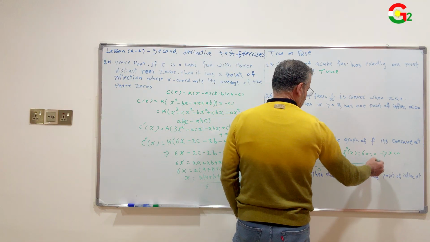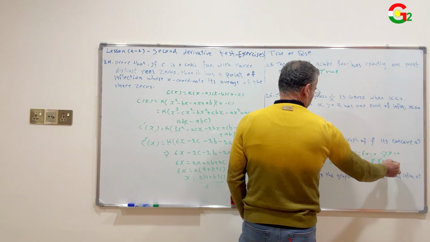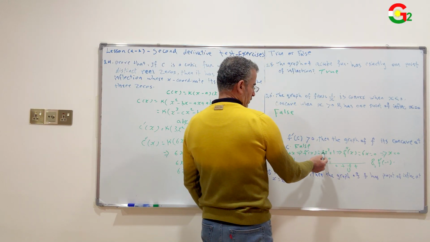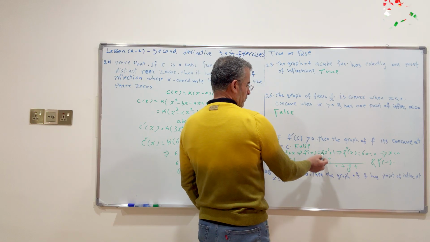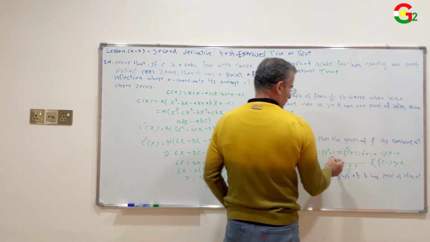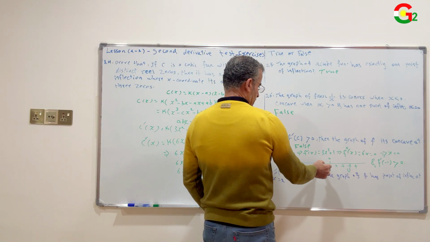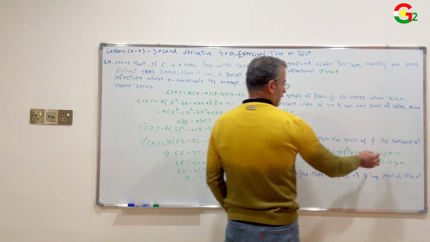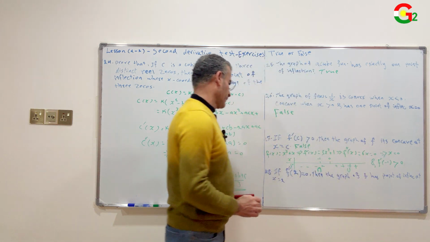And f prime of negative 1 is greater than 0 because 3 times negative 1 squared, 3, plus 1, is 4, greater than 0. But at x equals negative 1, the function is convex and not concave.